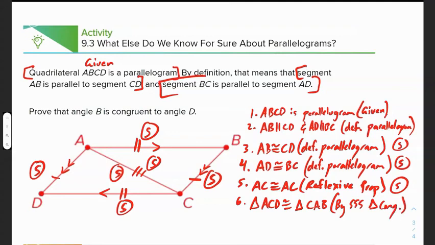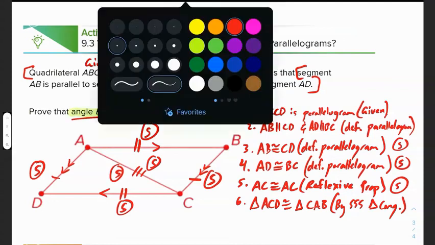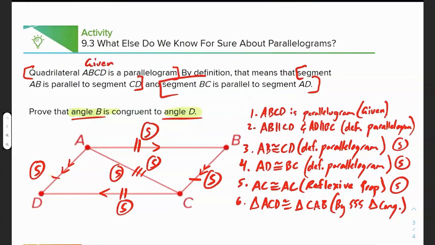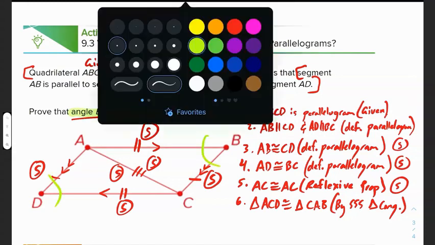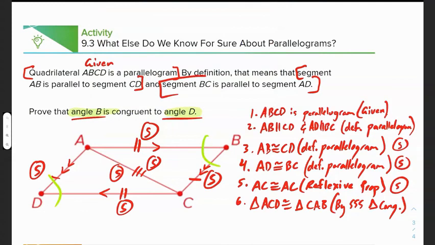All right. But that's not what we were trying to prove, right? We are trying to prove that angle B is congruent to angle D. Well, now that we know these two triangles are congruent to one another, right? So again, we're trying to prove angle B and angle D are congruent. So we're trying to prove this angle here are congruent. Well, we just proved that the two triangles that these two angles are on are congruent to each other. So if both these triangles are congruent to each other, what do we know about all their parts?